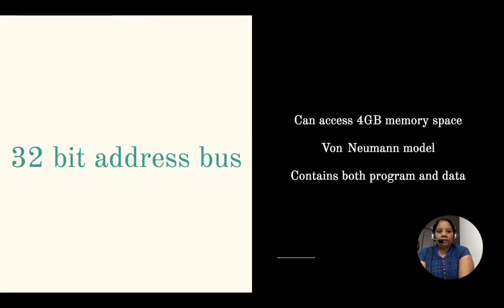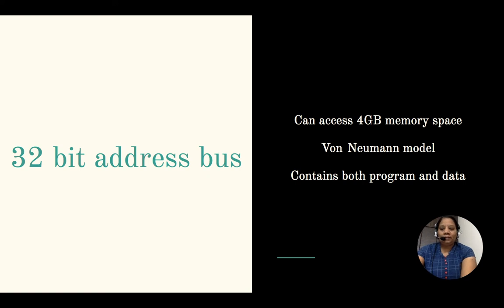Before we start with the architecture, let me tell you that ARM7 has a 32-bit address bus. Hence it can access a total of 2 power 32, which is equal to 4 GB of memory space.